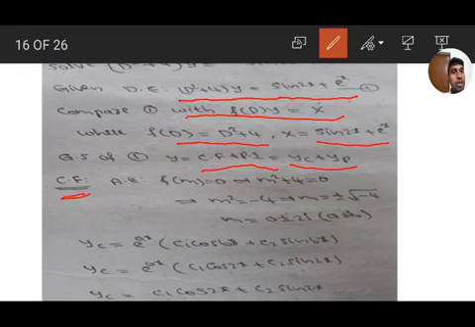The general solution of the equation f of d of y equal to 0. So the auxiliary equation f of m equal to 0, that is m square plus 4 equal to 0, m square equal to minus 4.